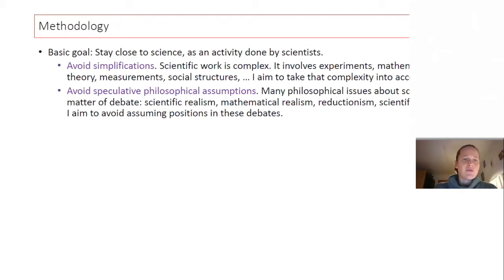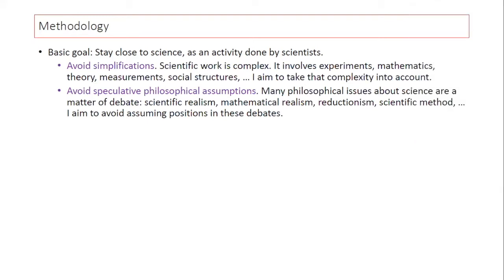And the second is to avoid speculative philosophical assumptions. There are many philosophical issues about science which are a matter of debate, of course, like scientific realism, mathematical realism, reductionism, and so on. And I aim to avoid assuming a position in these debates.